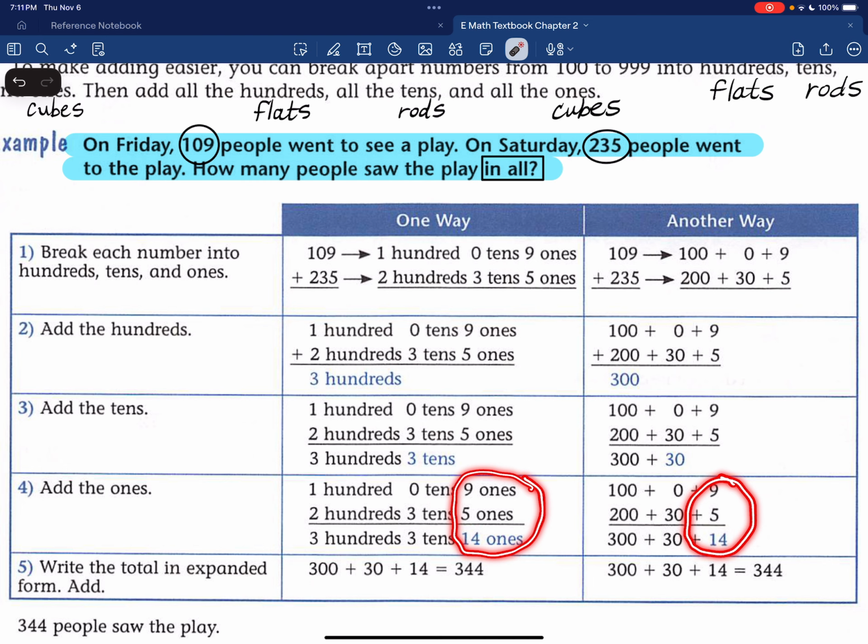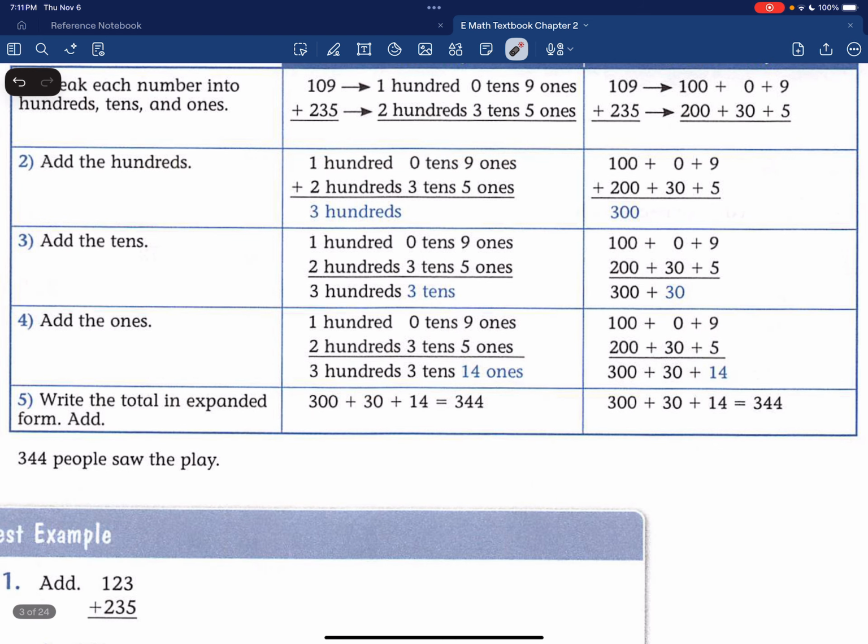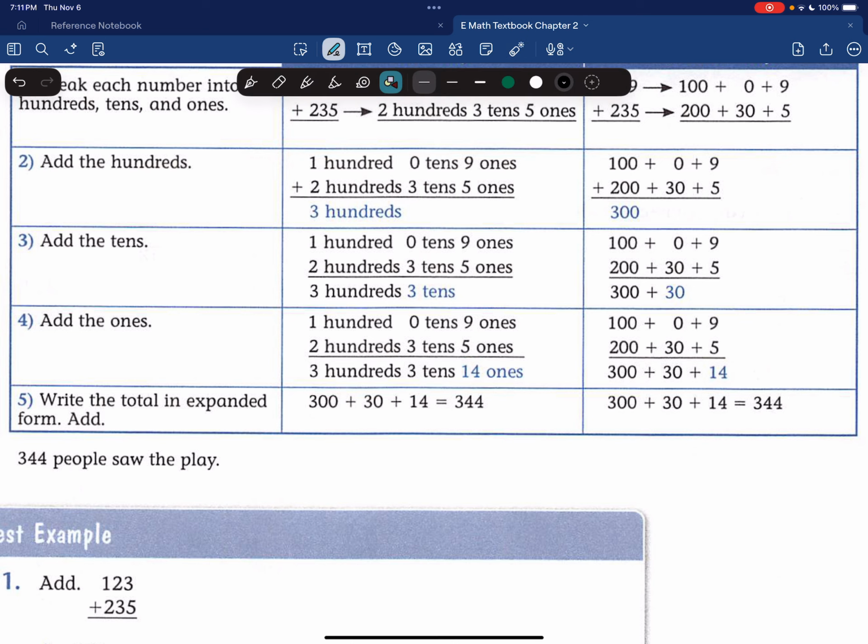And then you write the total in expanded form. And that's what they've done right here. And so our answer is 344 people saw the play.